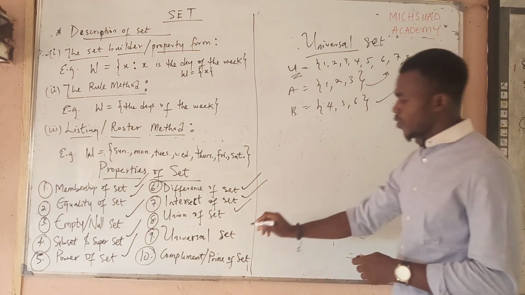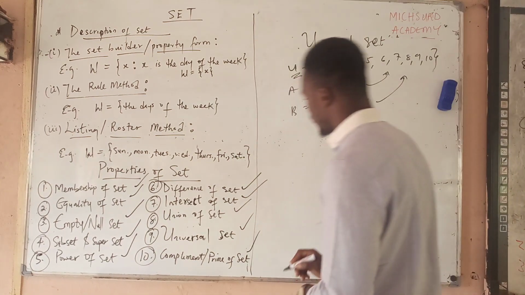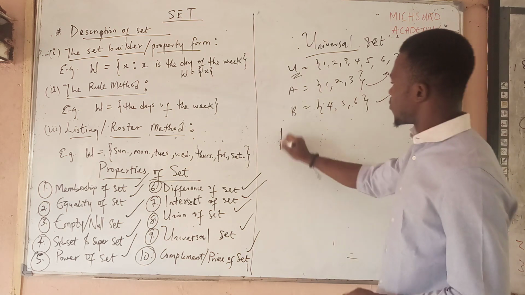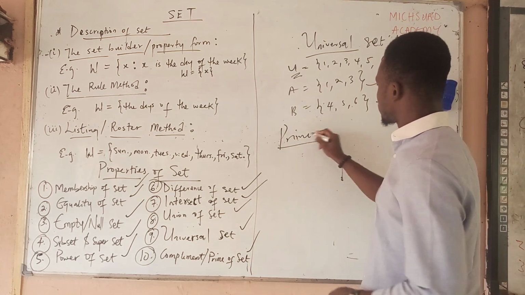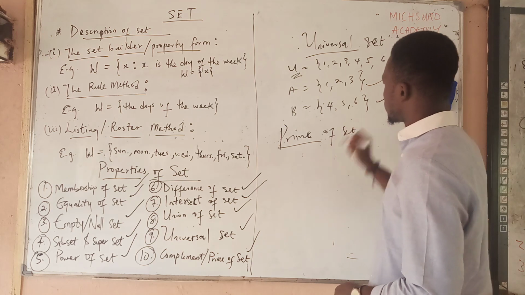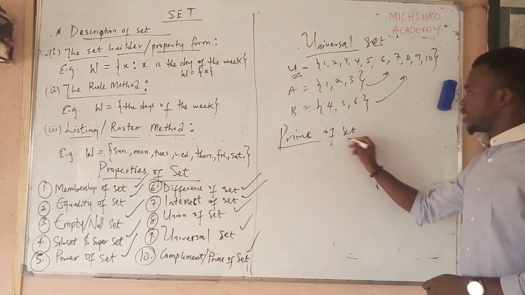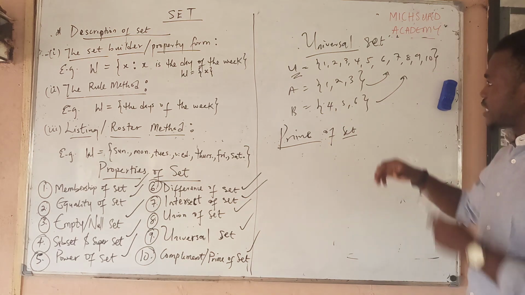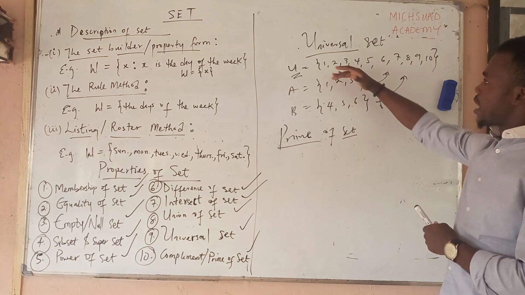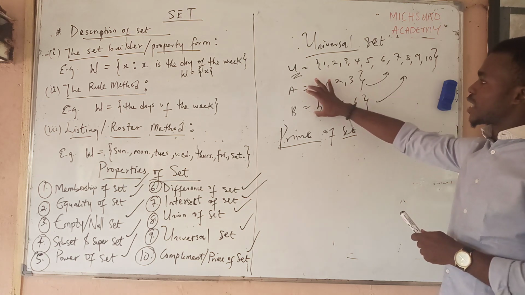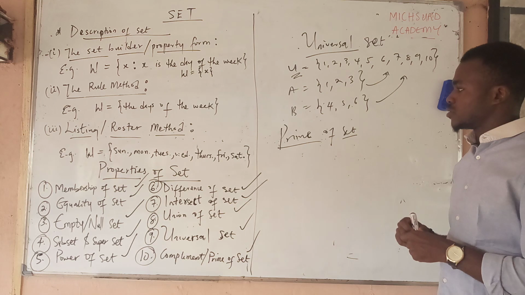Then for the prime of a set, which is the last one we look at, let's use this example to explain it. The prime of a set here is those elements that are in the universal set, but we can't find them in the subset.